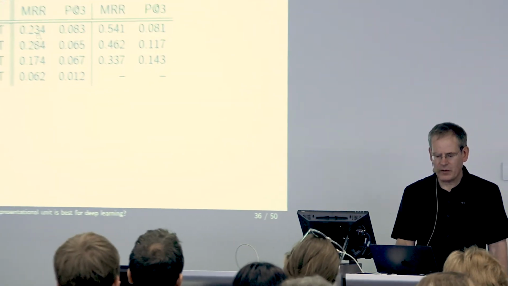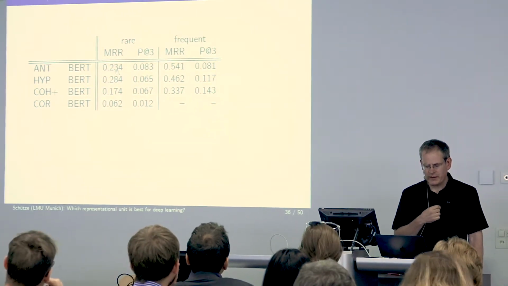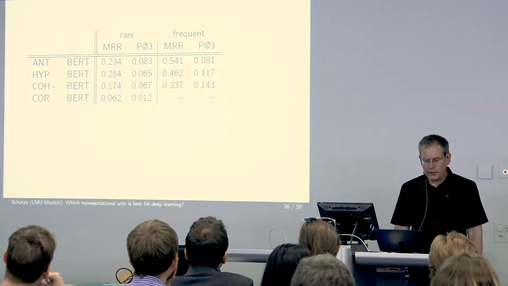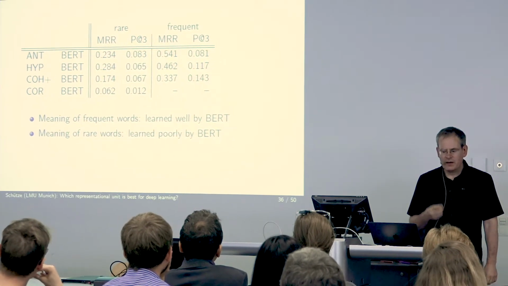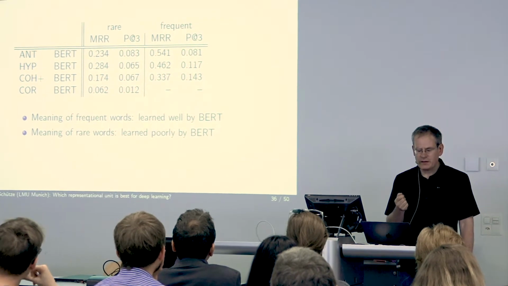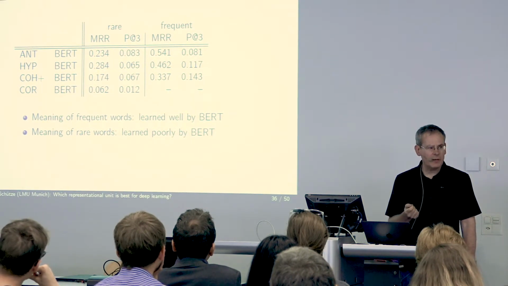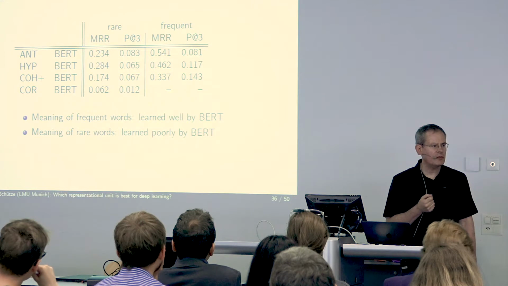But if you look at rare words, the numbers are much worse. So we get, this is the highest here, 0.284, but all others are below 0.25. So what we can conclude from this is that the meaning of frequent words is learned well by BERT, but the meaning of rare words is learned poorly by BERT.